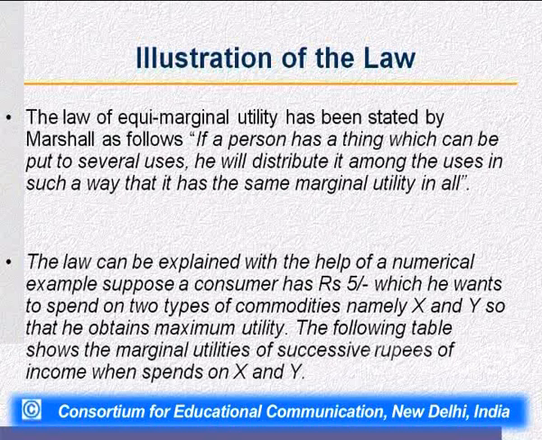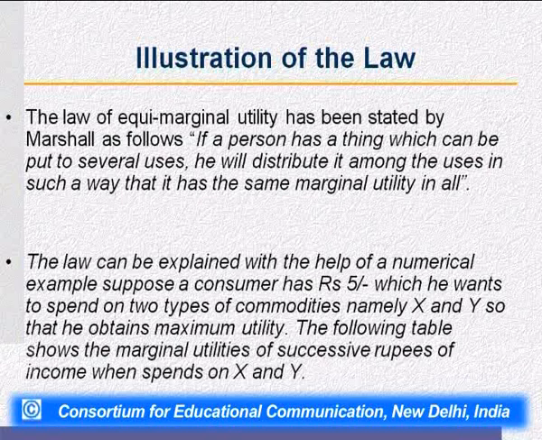The same wording which we have seen in the previous slide, Marshall quoted: if a person has a thing which he can put to several uses, then the consumer distributes it among the uses in such a way that it has the same marginality in all.